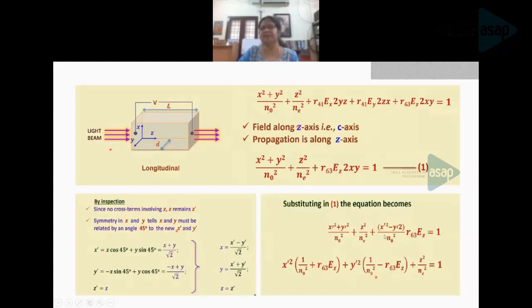Okay, now club like terms and find the coefficients. X prime square, Y prime square, Z square. There is no other term for Z. And like terms number club here, find out the coefficient. And now this equation can be rewritten like this.